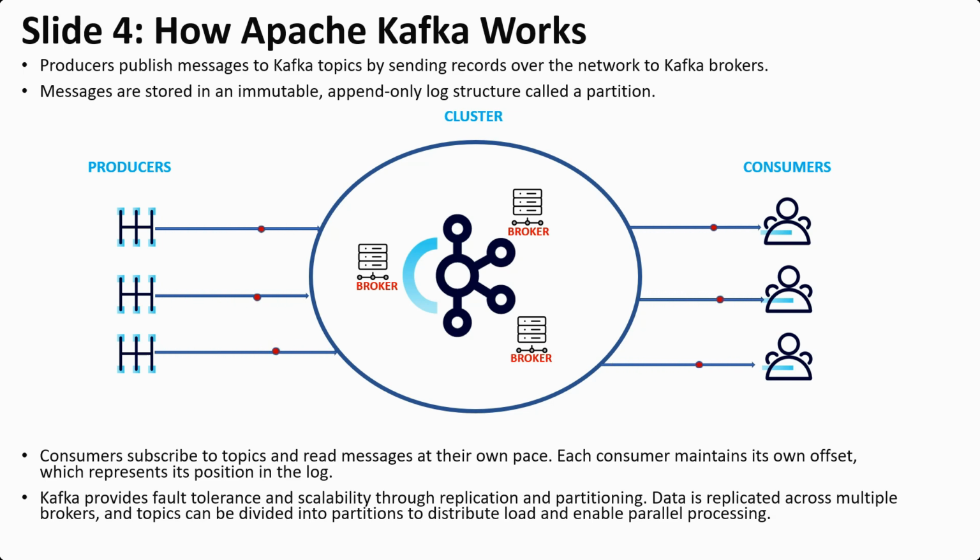Kafka provides fault tolerance and scalability through replication and partitioning. Data is replicated across multiple brokers to ensure reliability and high availability. Additionally, topics can be divided into partitions, which allow Kafka to distribute the load and enable parallel processing, significantly improving processing performance and throughput.